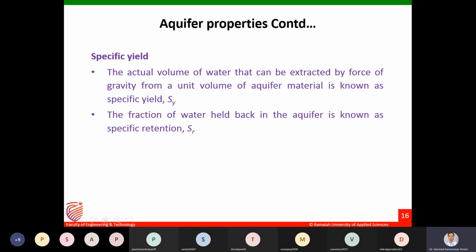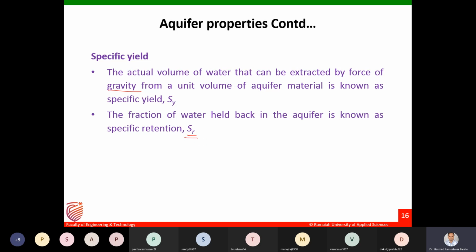So when you drill a borewell into your aquifer, the actual volume of water that you can extract by the force of gravity. The fraction of water which is held back in the aquifer is known as specific retention.